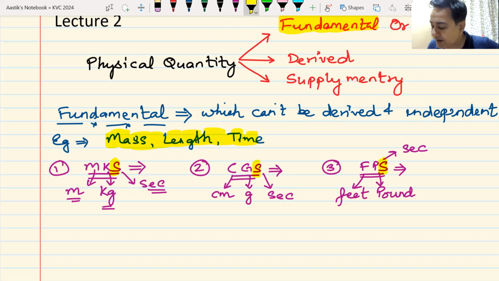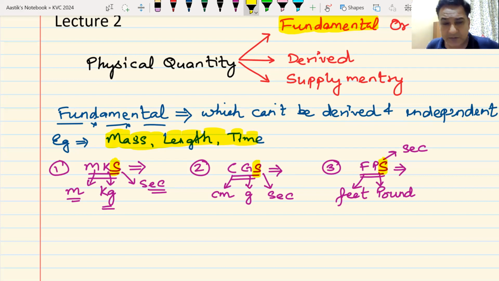MKS, CGS, and FPS. These were the three prevalent systems, but there was a problem. It became exponentially big. Now every country was using its own system. Some were using MKS, some CGS, some FPS. America was using its own FPS system, which had miles and all these things.